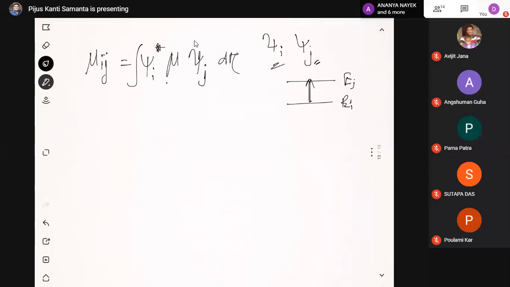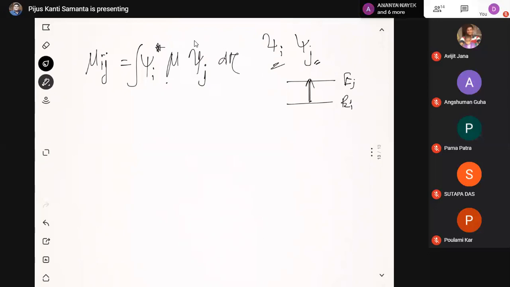Again, the dipole moment of a molecule is a function of the normal coordinates of the vibrational mode, because you have read about the vibrational modes and normal coordinates. You learned in classical mechanics about vibrations, where all the generalized coordinates were reduced to normal coordinates. The dipole moment operator depends on this normal coordinate.